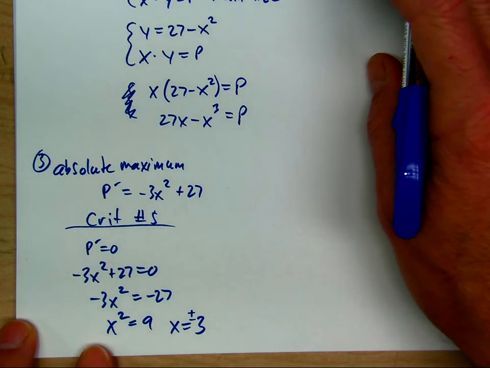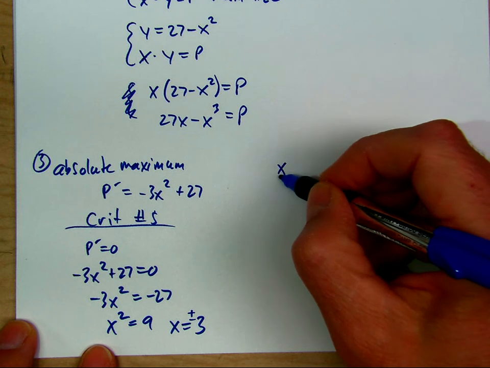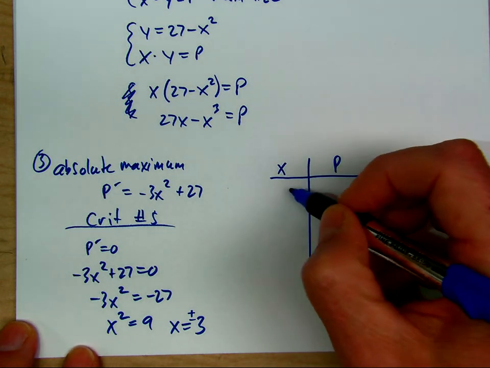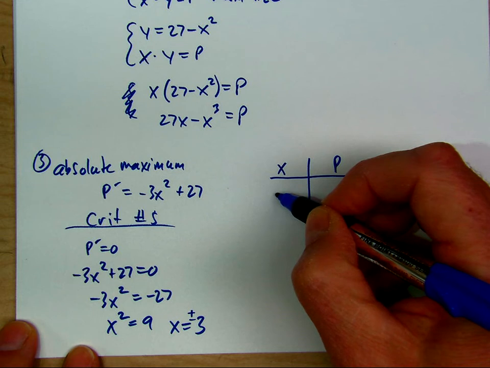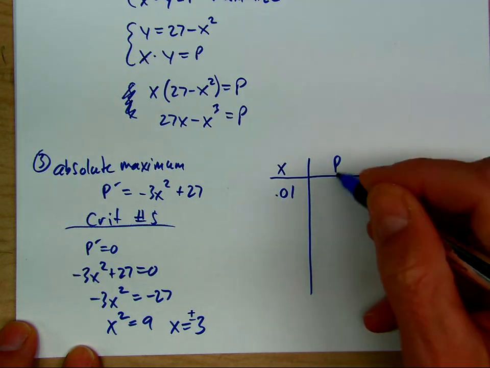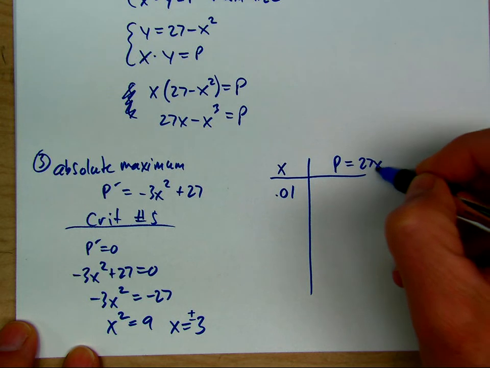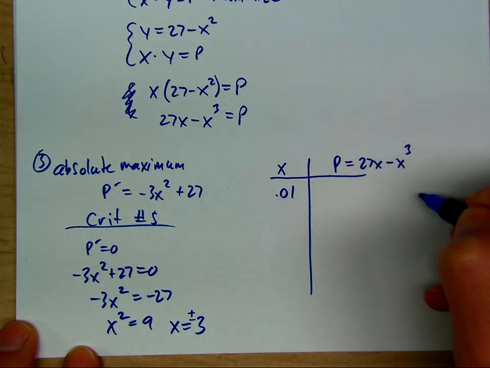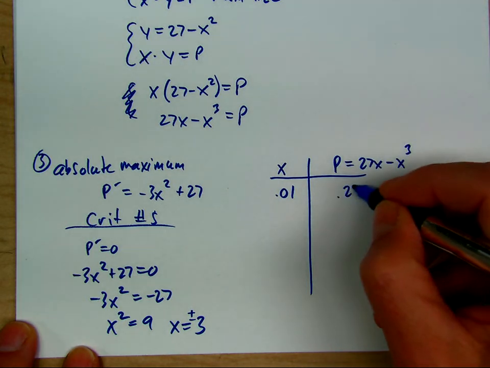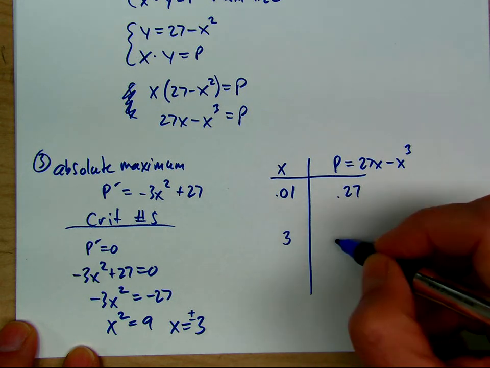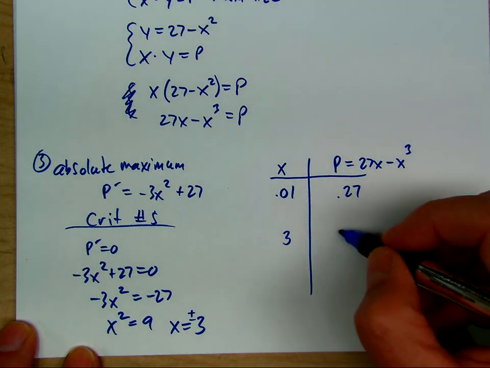So let's look at values of x and the product. We can just think of what's happening when x is very small, and we put that into the product. We have 0.27. Well, here's the critical number, and that gives us 54.